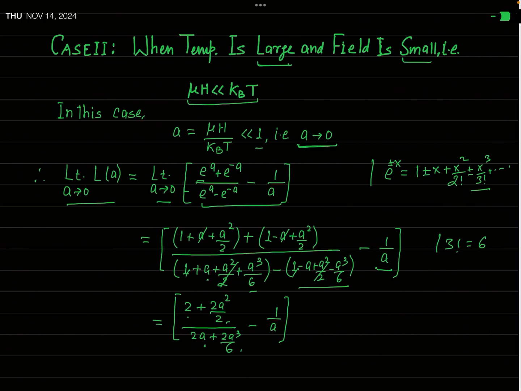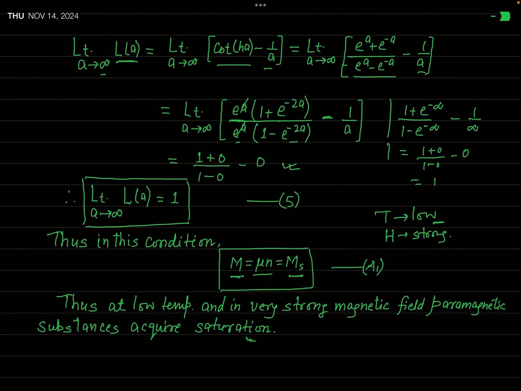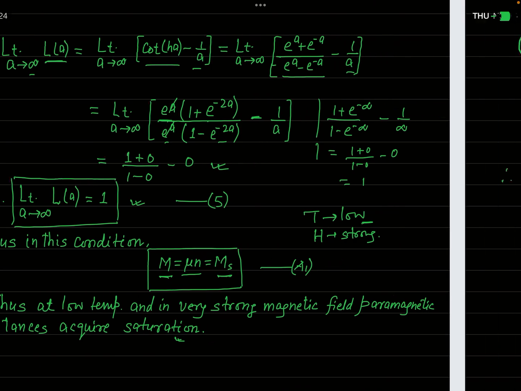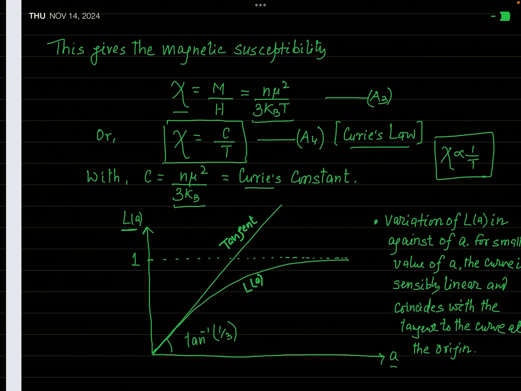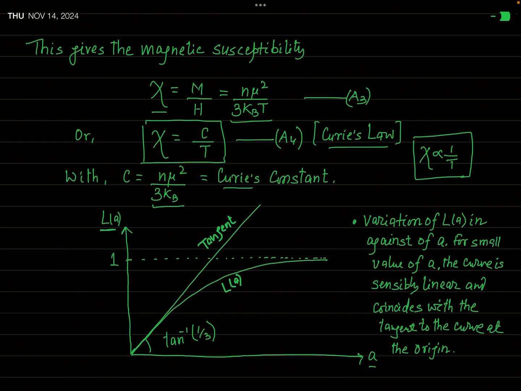And when it is 1, you have seen earlier that in this situation, when you have considered that temperature is very low and the field is very high, then the Langevin function is actually equal to 1. So finally it gets saturated. But in the very beginning, when A is very small, it varies almost linearly.